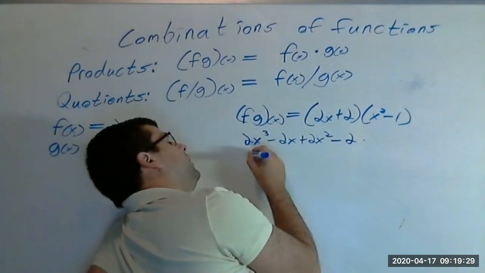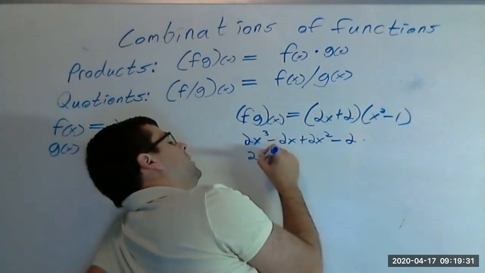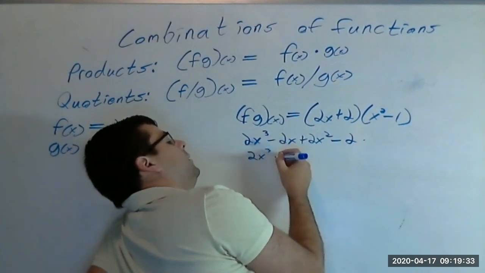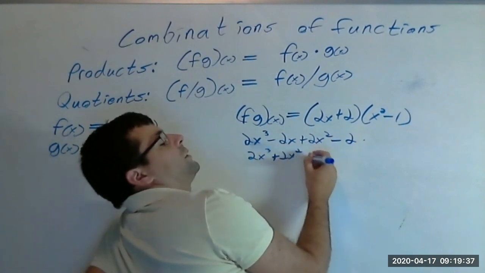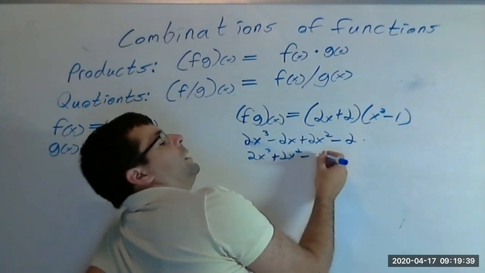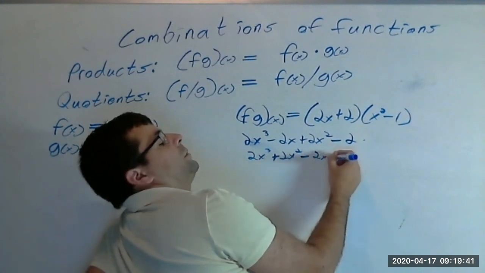So we can reorder that: 2x cubed plus 2x squared minus 2x minus 2.